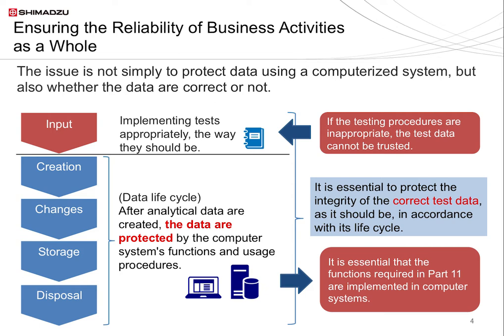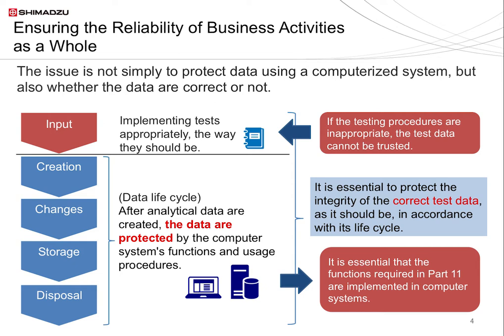After the inputs in the red areas are complete, in the blue areas, analytical activities are performed based on the inputs. These are actual analyses and sample measurements carried out according to the inputs. Once samples are measured, it is important to ensure a protected data life cycle of creation, modification, storage, and destruction, and also that the analytical data are protected in a computer system.